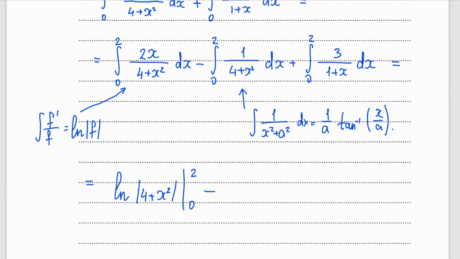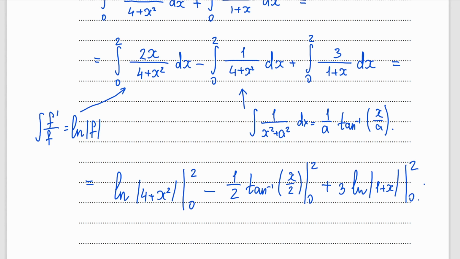Now for the second fraction, you'll have to notice that 4 equals 2 squared. So the integral is going to be minus 1 over 2 inverse tangent x over 2 from 0 to 2. And the last fraction is the easiest, that is 3 natural log modulus 1 plus x from 0 to 2.